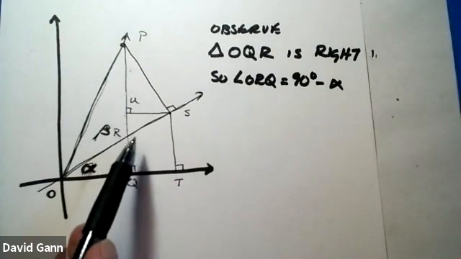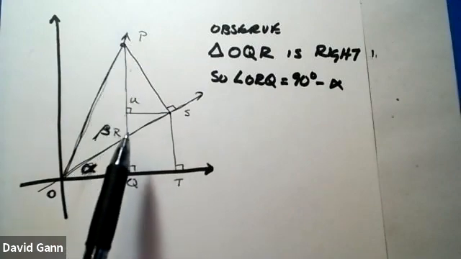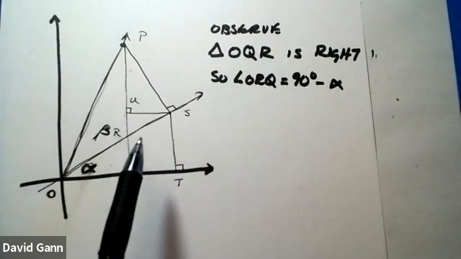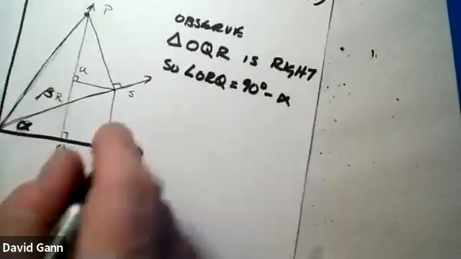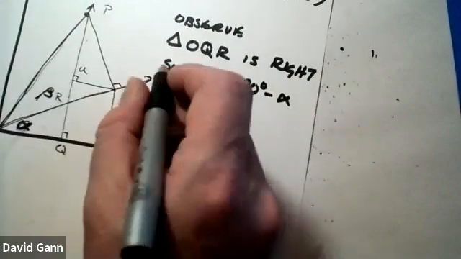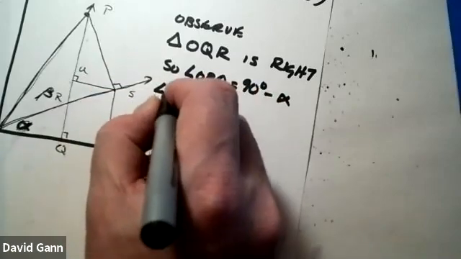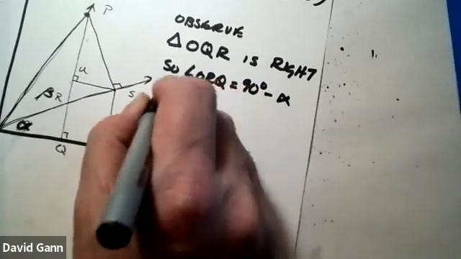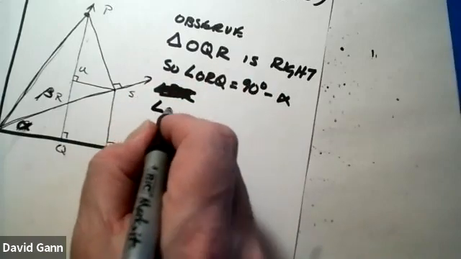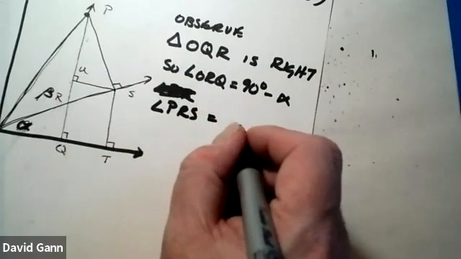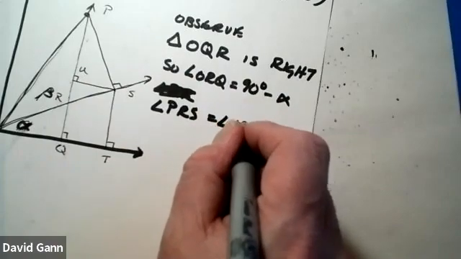And that means that angle PRS, because it's a vertical angle, must be equal. So angle PRS equals angle ORQ.